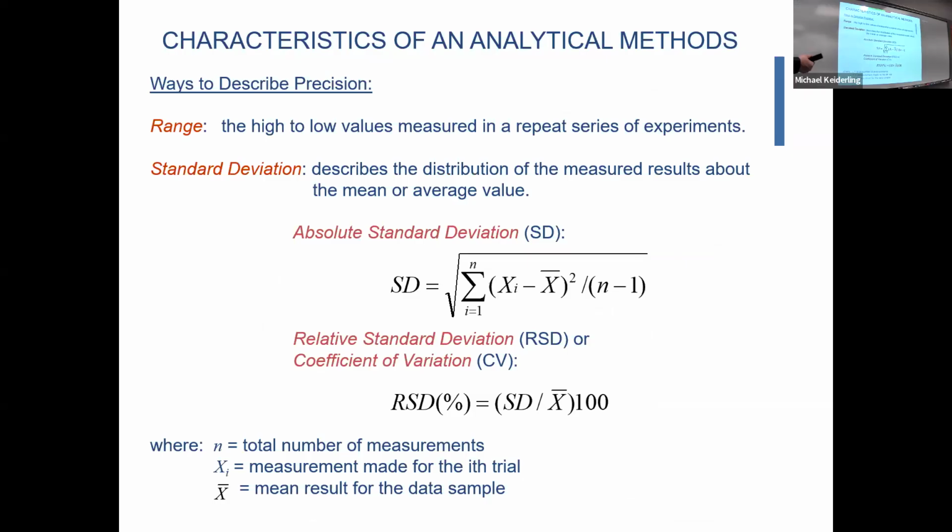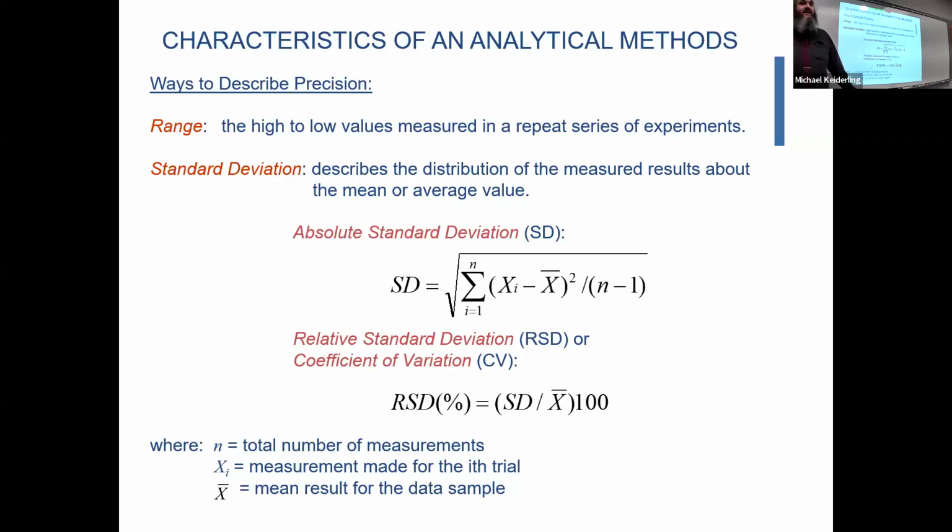And we can describe precision in a few ways. You can talk about the range, the high to low value measured in a repeated series of experiments. You could also use the standard deviation. This is the formula for calculating standard deviation. Or the relative standard deviation or coefficient of variation, which is just the standard deviation divided by your average value, your mean result.